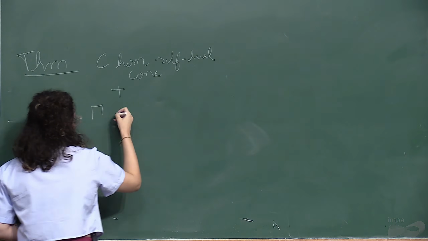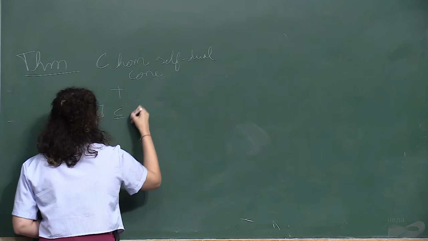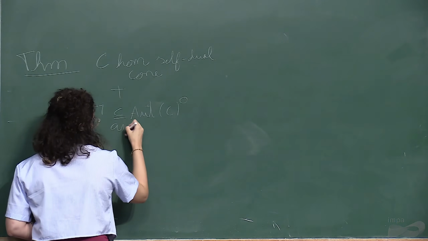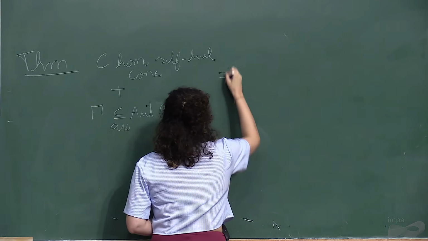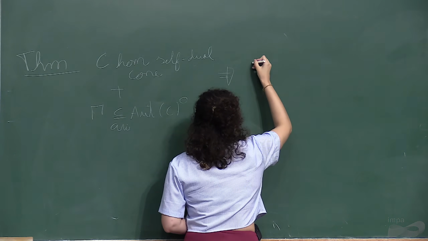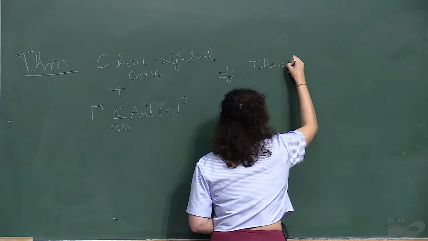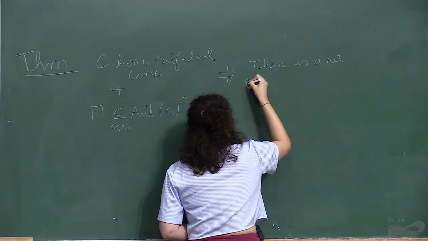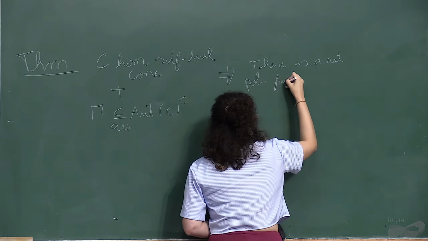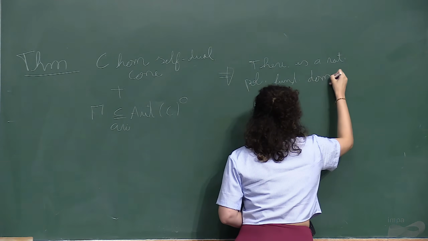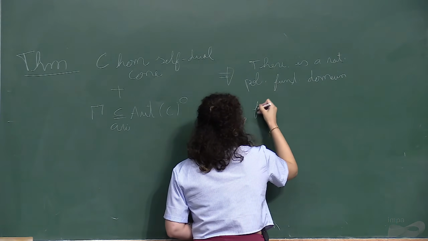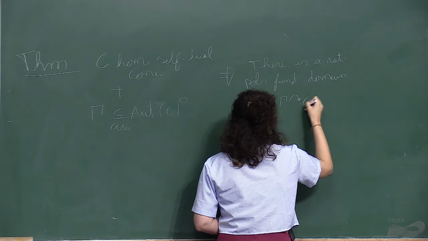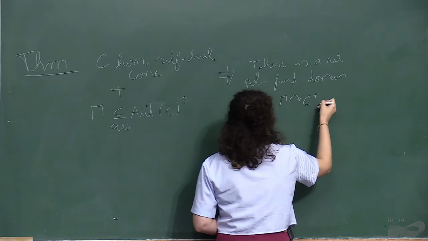And arithmetic, then I have that there is a rational polyhedral fundamental domain for gamma acting on the rational hull.